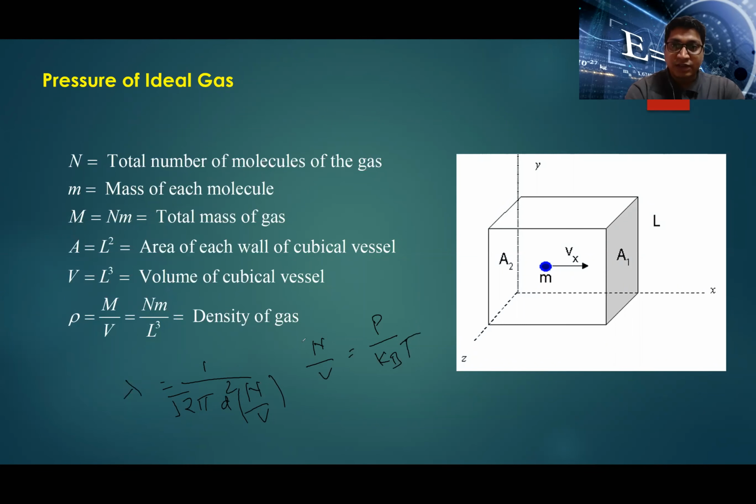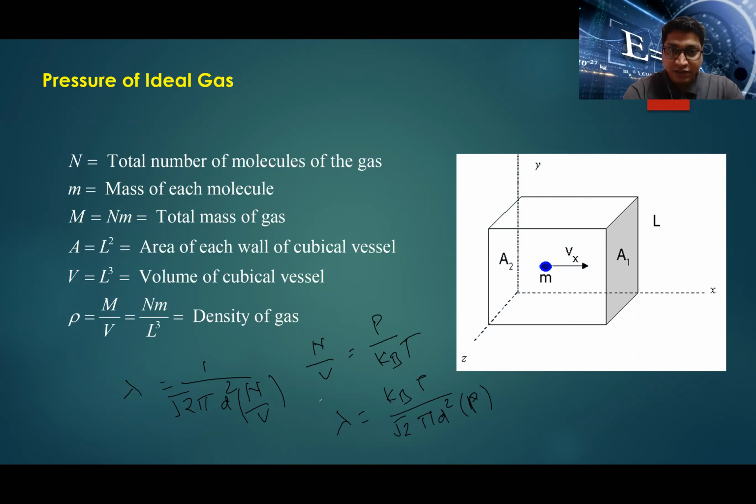When we replace this, we got lambda equals kBT upon root 2 pi d square into P.